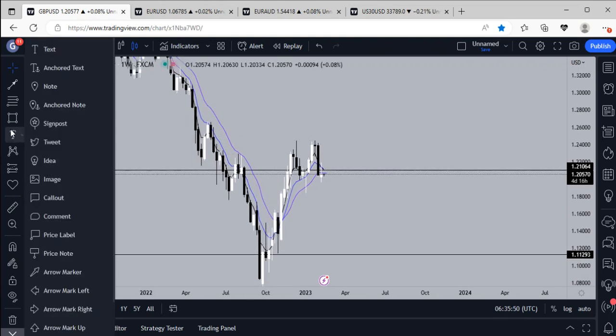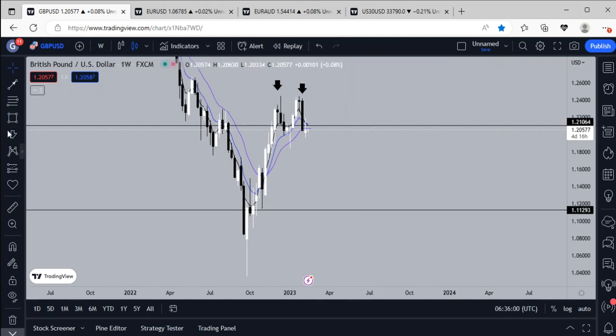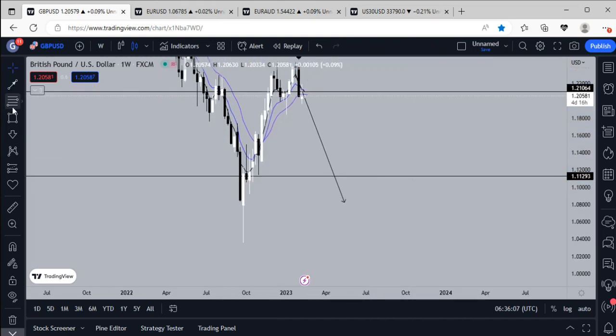Now over here, if you guys remember what I used to teach in my old videos, this is an inducement right over here. So price can come back and sell all the way to this level, especially because we made this area an order block because of the imbalance that we had.